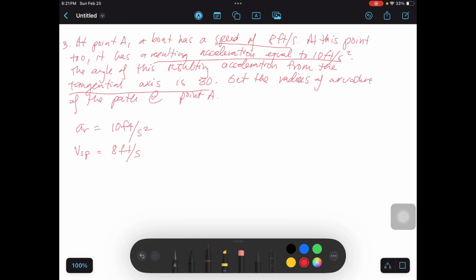So, paano mo i-interpret yung sinabi niyang yun? So, your boat travels in a curved path. And then, meron siyang, syempre, velocity. Velocity is always tangential doon sa point. Same with tangential acceleration.